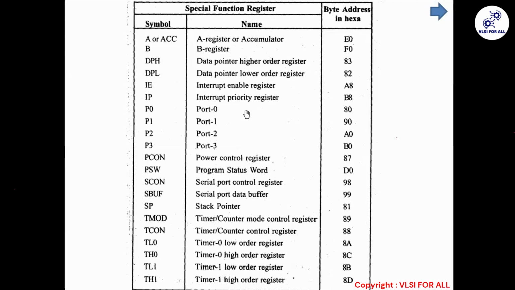Then there is the interrupt priority register, to set the priority of interrupts. Of whatever interrupts I am enabling, which one has the highest priority, which one is on the second priority, and so on.